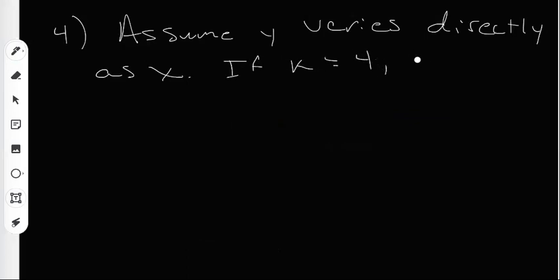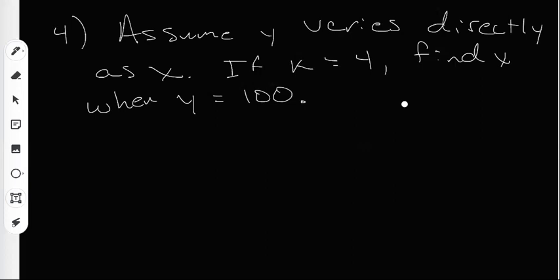We're going to skip to number 4. Number 4 says, assume y varies directly as x, just like the last question. If k is 4, find x when y equals 100.